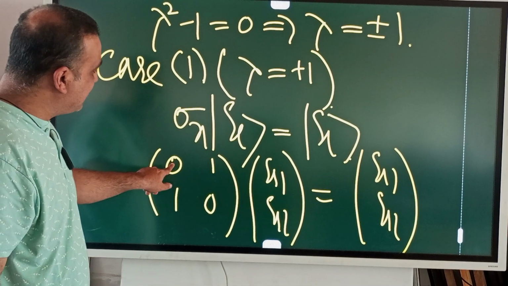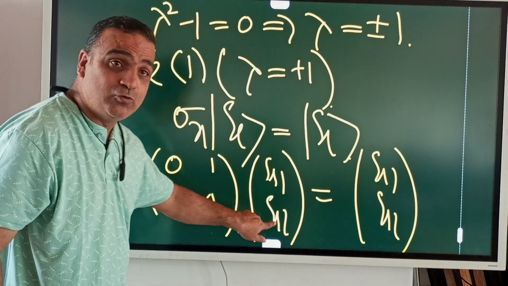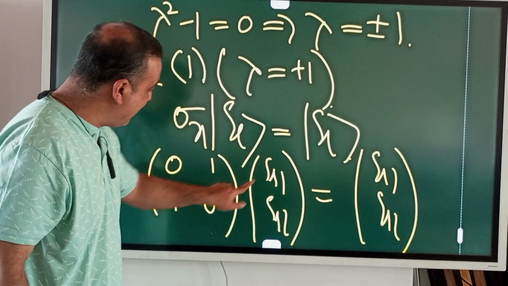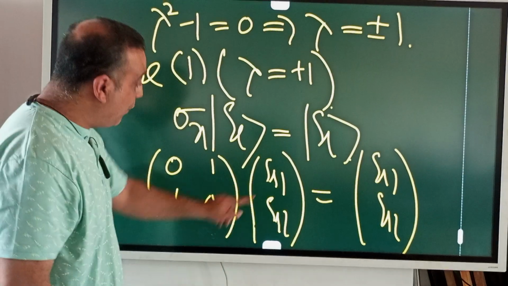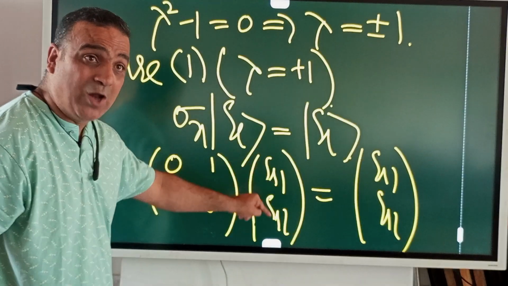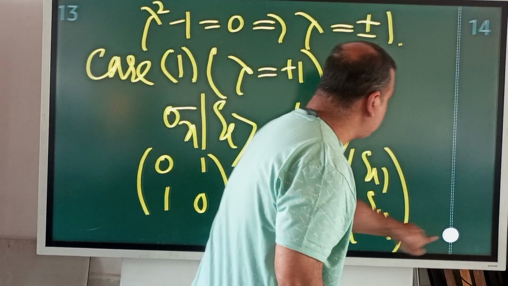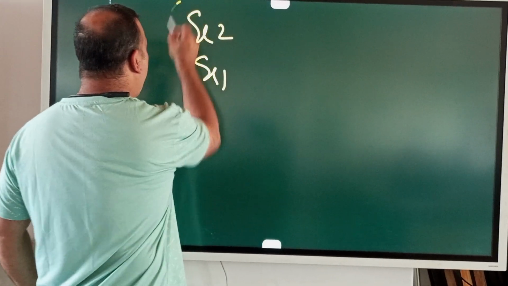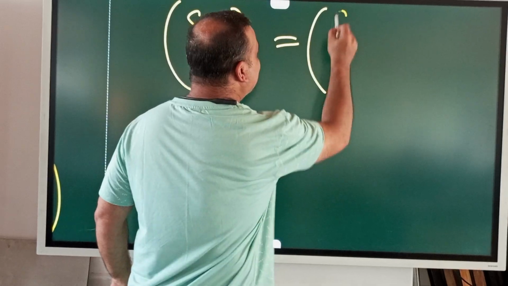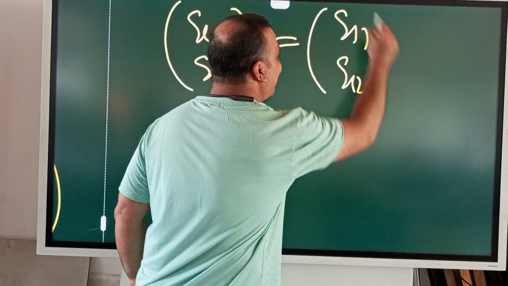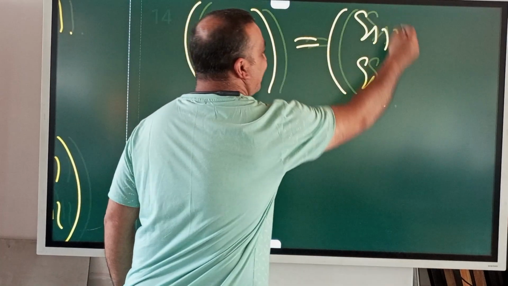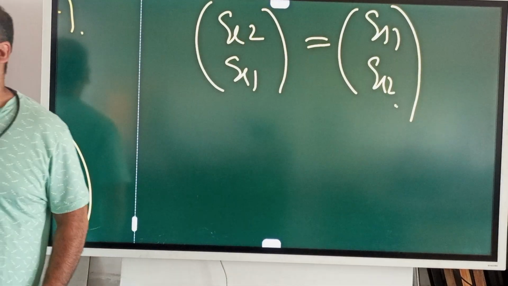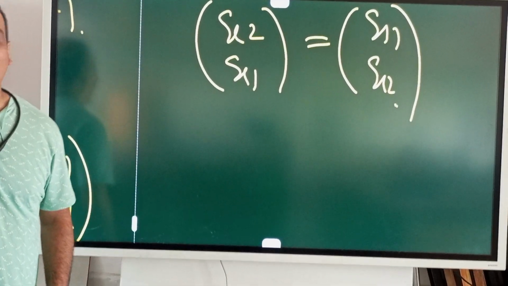So in the top I'll get zeta 2, in the bottom I'll get zeta 1. So I'll have zeta 2 here, and zeta 1 here, equal to zeta 1 and zeta 2. Clear?